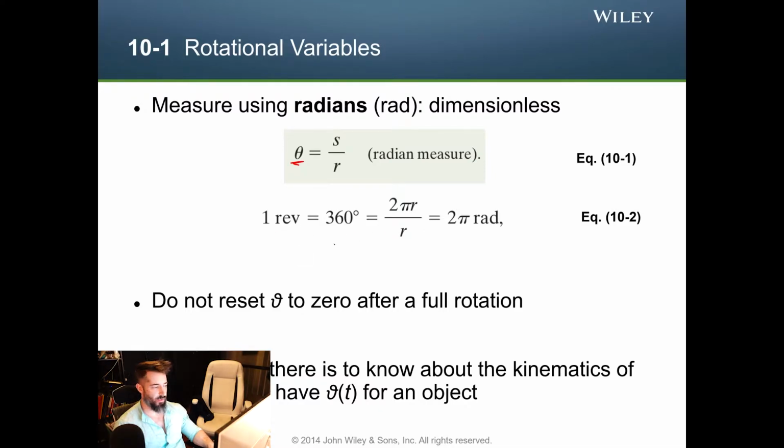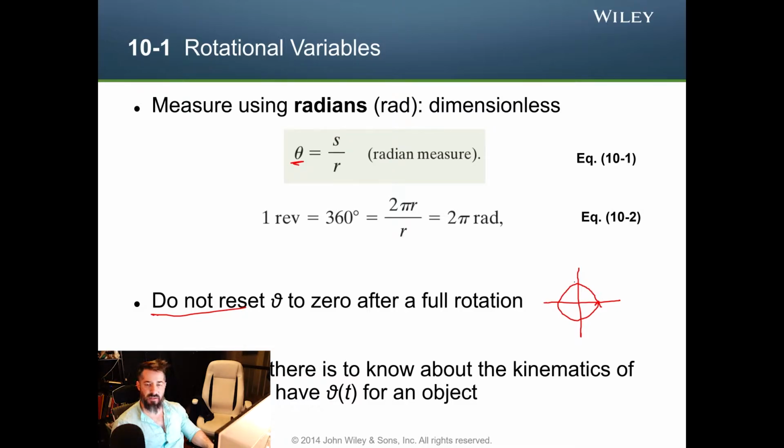Okay, so this isn't new. The degrees and the radians, that should not be new. We've gone over that before. This is saying, do not reset theta to 0 after a full rotation. So you should know this already. You go around one time, right?